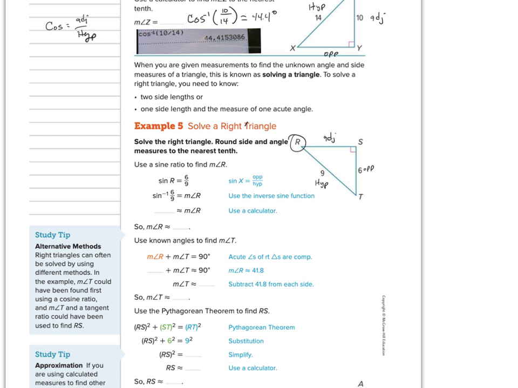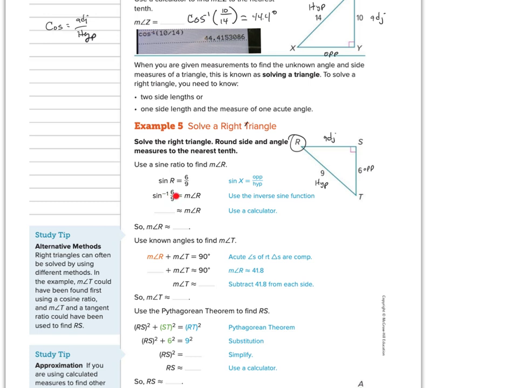So if I needed to find the angle measurement for R, I could use the sine of the opposite over the hypotenuse. So the inverse sine, sorry, because I'm looking for an angle measurement, it will be my inverse sine.